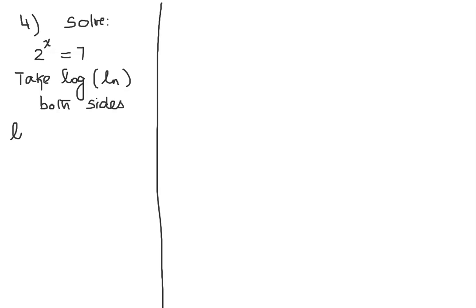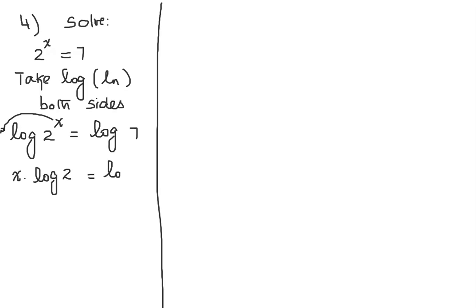So I write log of 2 to the power x equals log 7. We remember the power property for the log. We move this x to the front, so it's going to be x times log 2 equal to log 7.